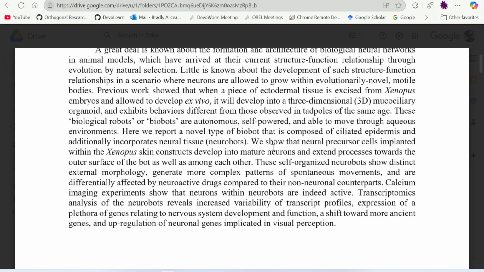With these neurobots, you see, of course, increased variability of transcriptional profiles. So this is where we don't necessarily have a phylotypic stage, but we're trying to construct different types of complex tissues basically from scratch.